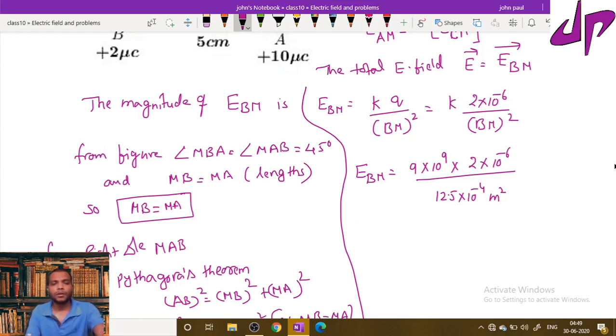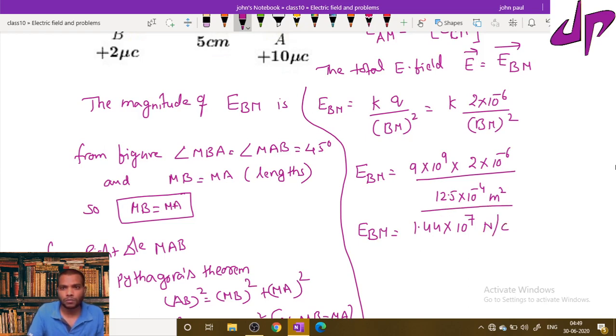If you substitute and do the calculations, the final result is that the electric field due to B at M equals 1.44 times 10 power 7 Newton per Coulomb. So this is the final resultant magnitude.